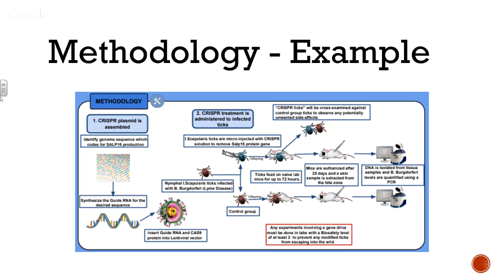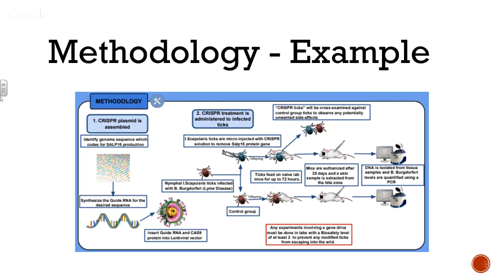So we said, how can we remove this protein so that the immune system will target the Lyme disease bacteria and eliminate it? For our methodology, we said we're going to look for a gene editing tool that can knock out the gene in the tick's genome that codes for the production of the SLP15 protein.